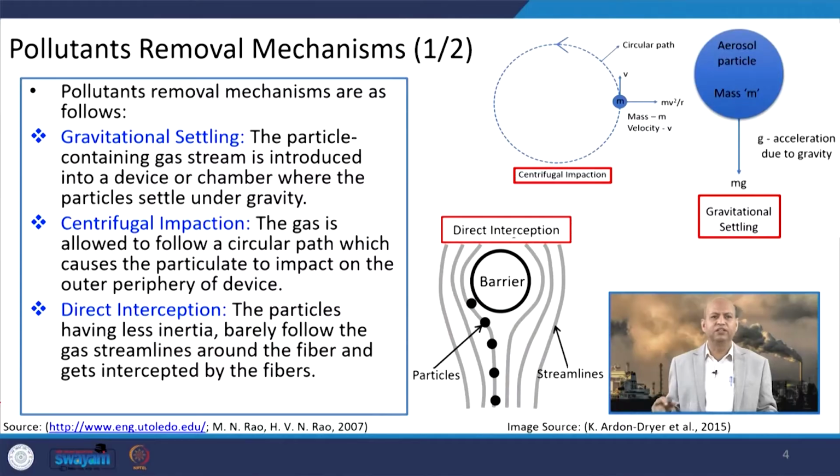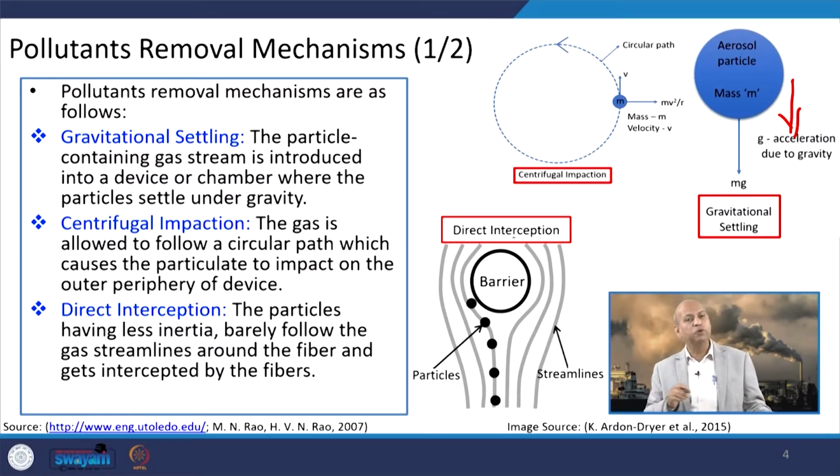If we talk about the different removal mechanisms used for these particulate pollutants, basically we list gravitational settling, centrifugal impaction, direct interception, those kinds of things. In gravitational settling, only gravity acts on the mass of the aerosol or particles; gravity pulls and they settle down.